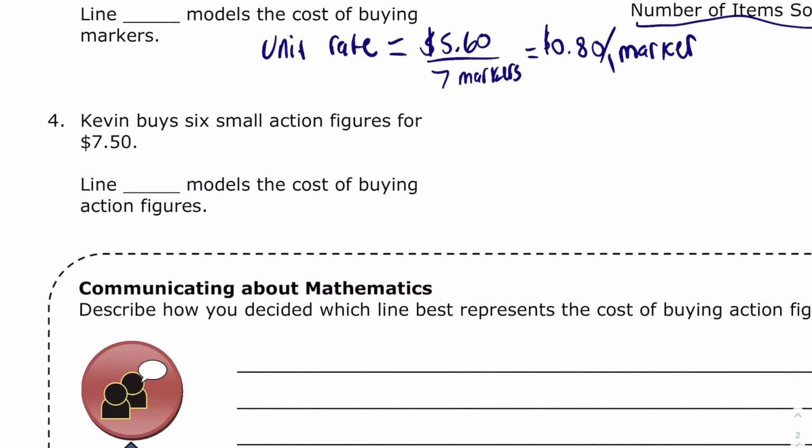Let's find this final one, and then we should be able to determine which graph goes with which question. We have $7.50 for 6 small action figures. The unit rate comes from the y's dividing by the x's, and we had $7.50 divided by 6 figures.